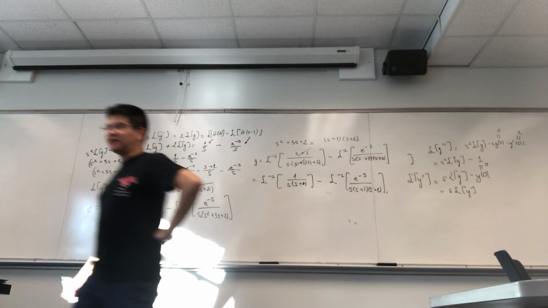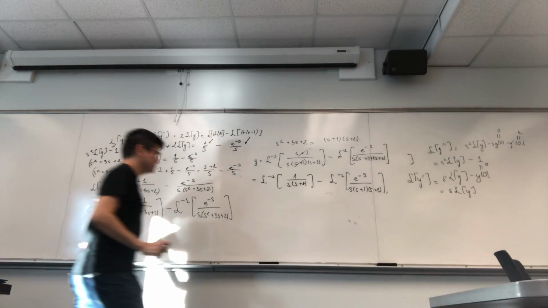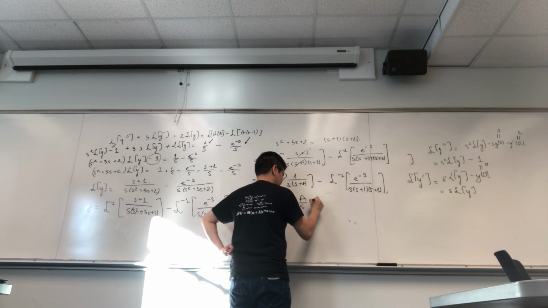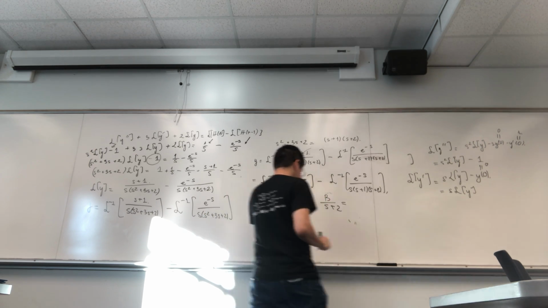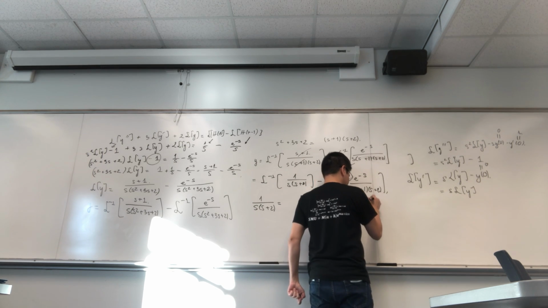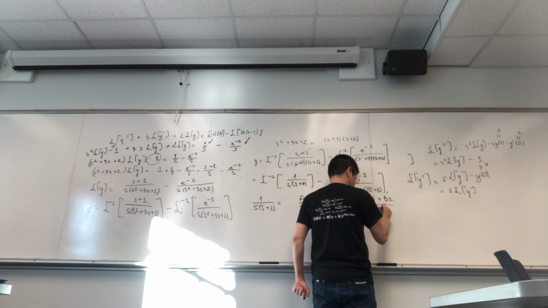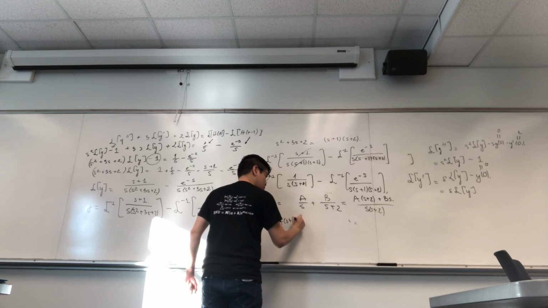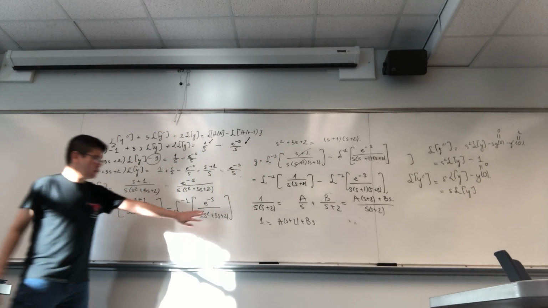All right? So now I'm gonna compute the inverse Laplace transform of the first guy. To do that, I'm gonna split 1 over s times s plus 2 using partial fractions: a over s plus b over s plus 2. This is a times s plus 2 plus bs over s times s plus 2, which means that 1 is going to be a times s plus 2 plus bs.